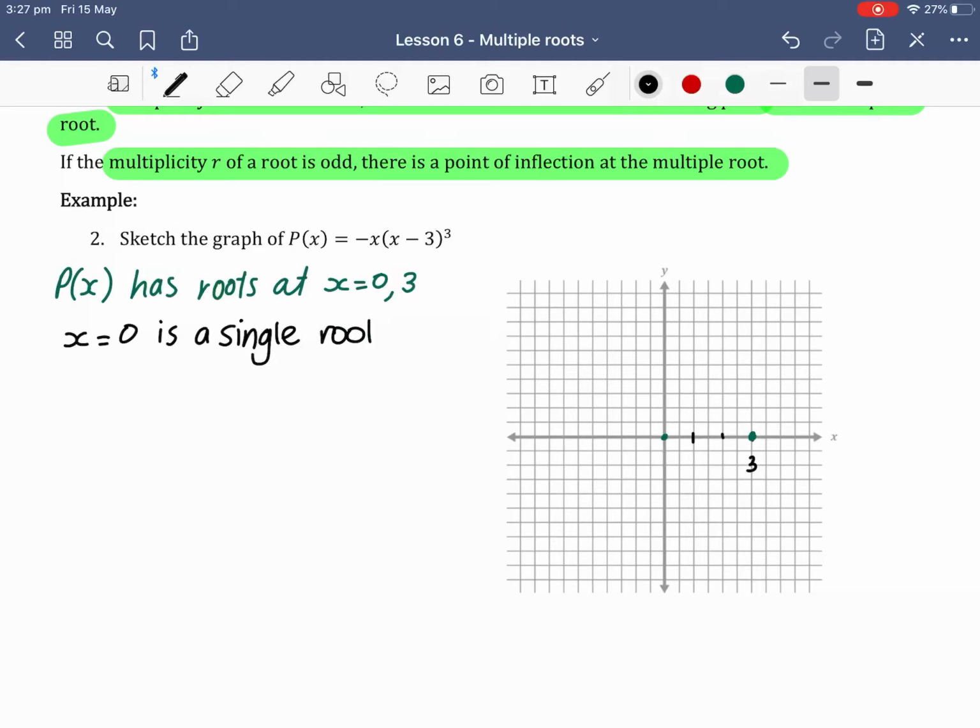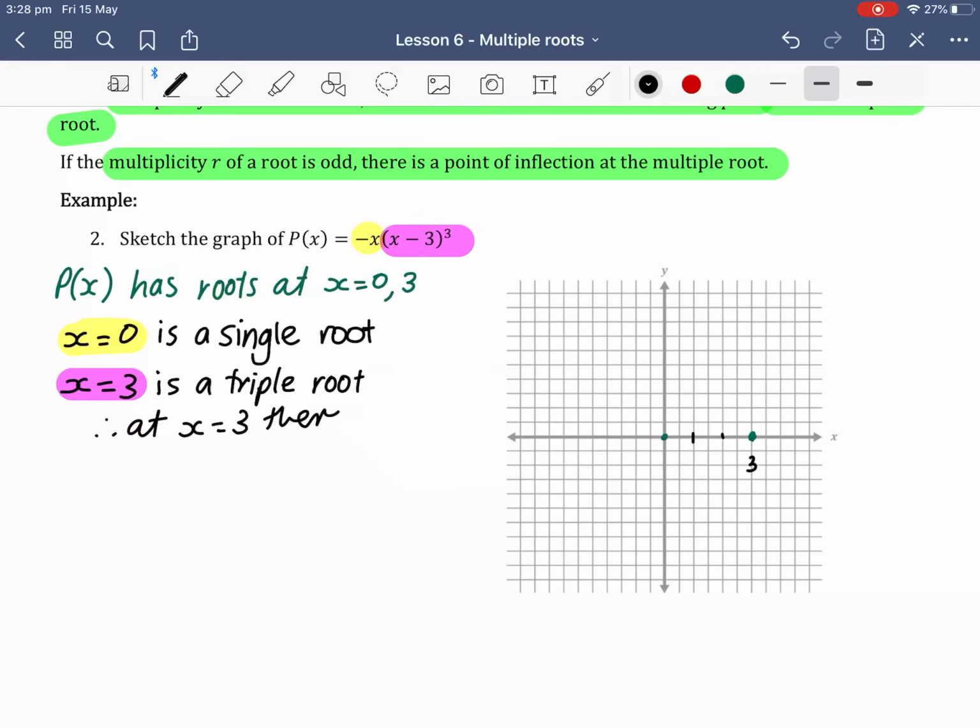Our negative x here gives us our root of x equals 0, and because there's no power, it means it's a single root. Whereas x equals 3 is a triple root, because it has a cubed on it. Therefore at x equals 3, there is a point of inflection.